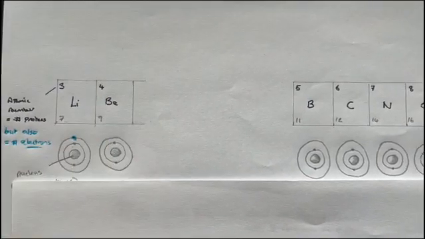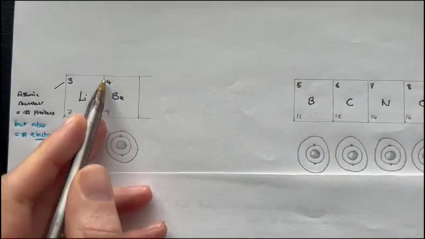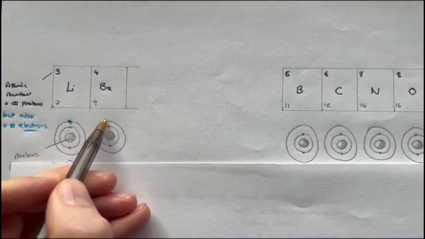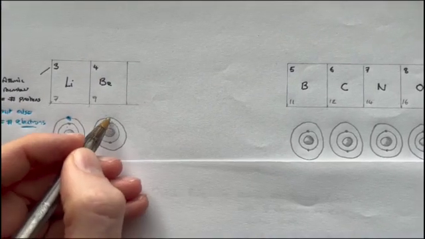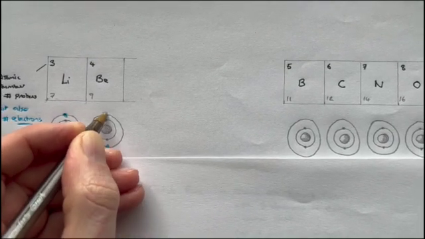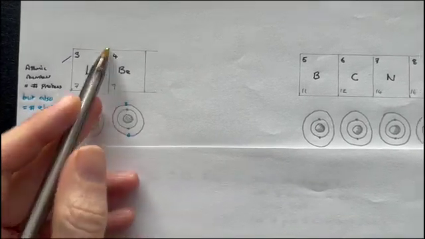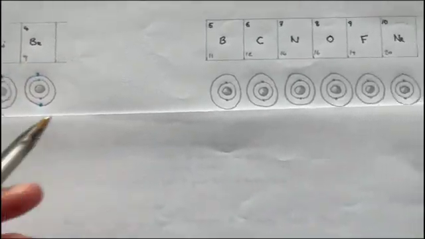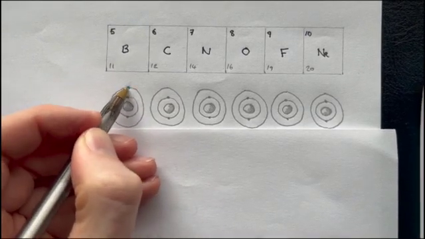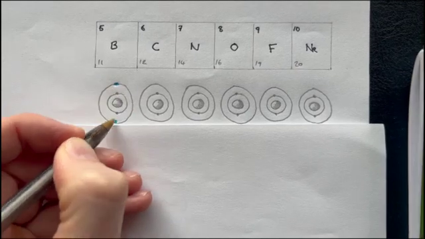Next we have beryllium. Again, I have already previously drawn my 2 electrons. So it has a total of 4 protons and a total of 4 electrons. So I'm going to add in my next 2. So now I have 1, 2, 3, 4 electrons for beryllium. Now we have boron, and you probably are starting to see a trend here. 1, 2, 3, 4.